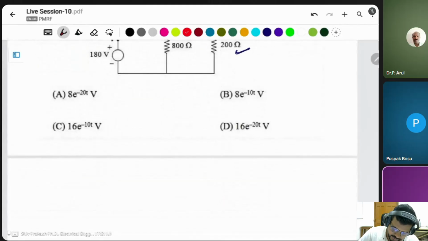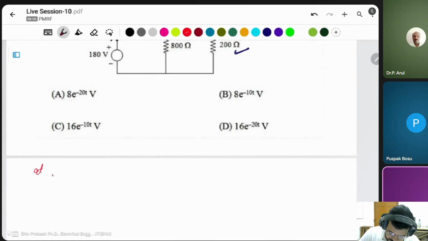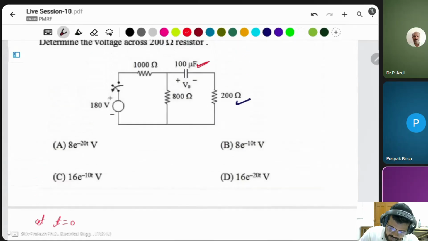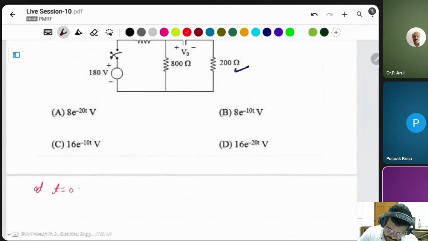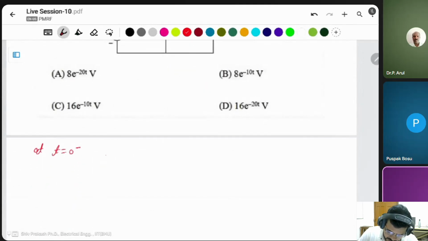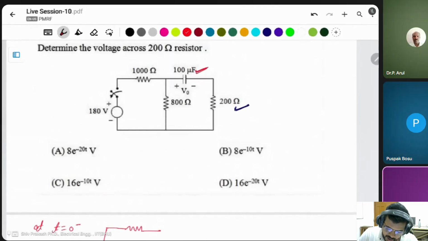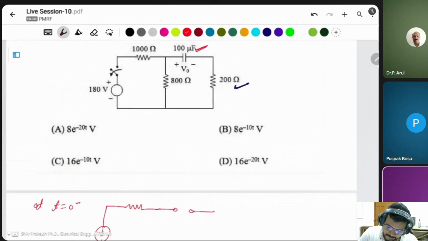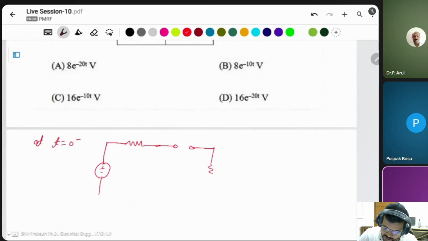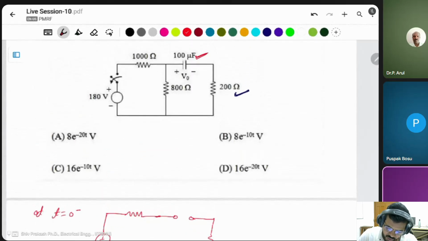Then the circuit at t equal to 0 minus. The circuit is closed to the source, then a resistor, then after a capacitor. The capacitor will be an open circuit, and a resistor here of 200 ohm.